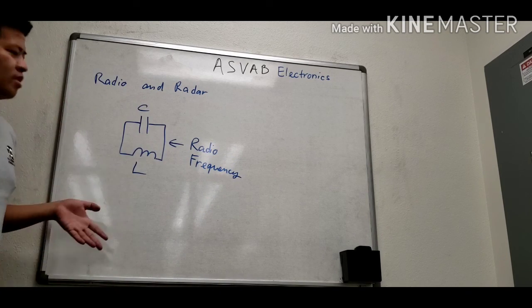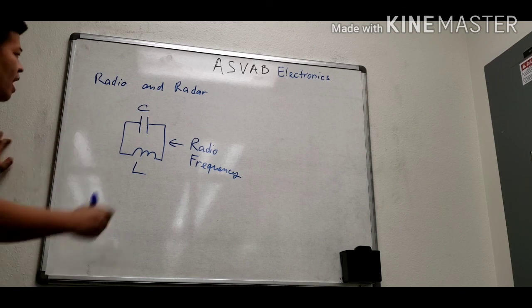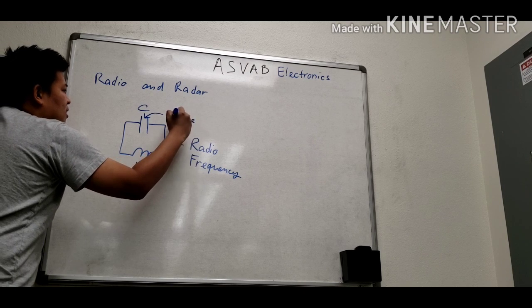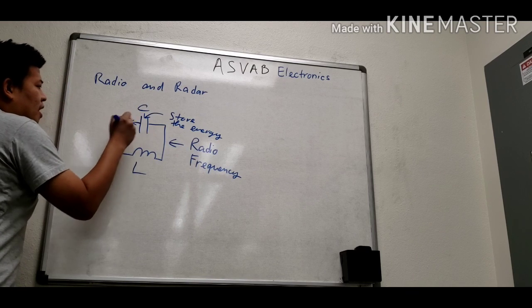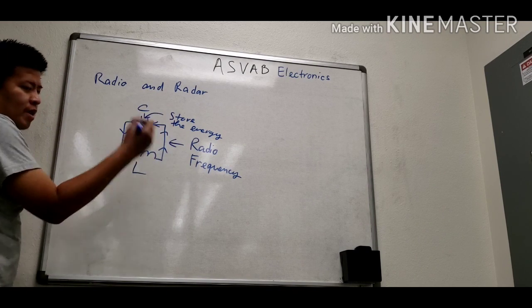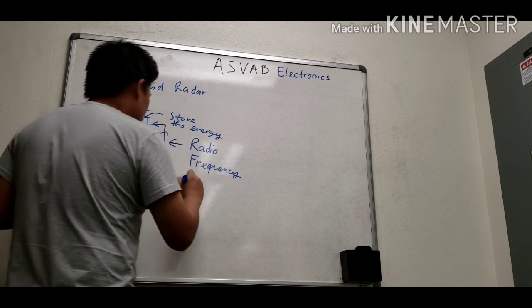This one will be on the test, and we know that if we use the C and L, in the C they store the energy so that they can create the flow of current go many times, and we have the formula for this radio.